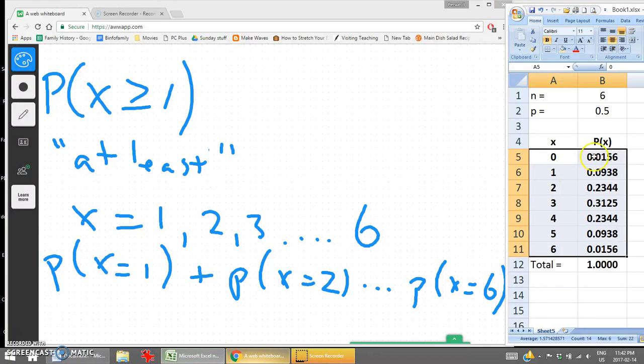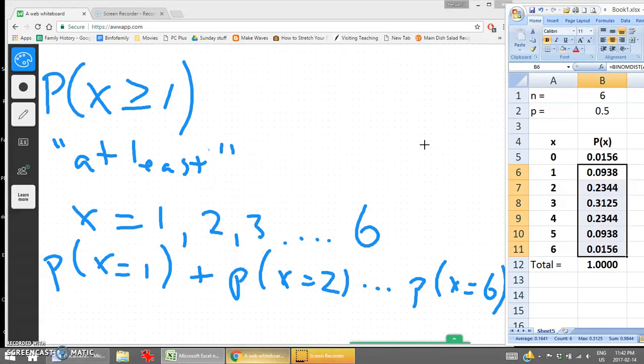If we go back to the Excel file, we have the probability when x equals 4, right there. We'd have to do the probabilities for these events when x is 1, 2, 3, 4, 5, and 6, and add those up. That's a series, in this case, of 6 calculations. If n were 10 or 20, that would be a headache to do on paper.